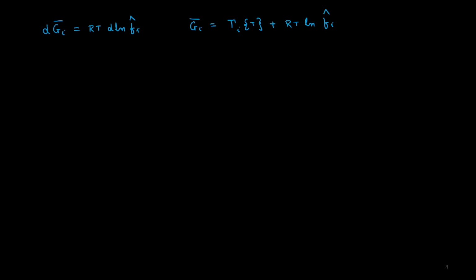Also recall that for an ideal solution, we have written Gi bar ideal as Gi plus RT ln Xi. This is how we have defined an ideal solution. Now, if I expand Gi for a pure species, it will be the constant gamma i, which is only dependent on the temperature T and the species i.